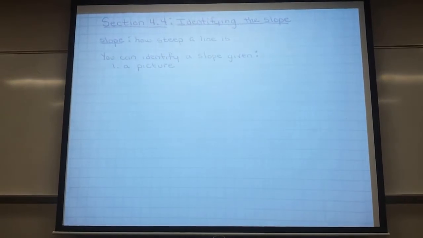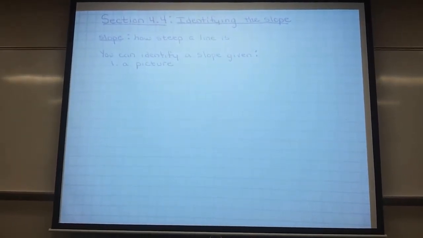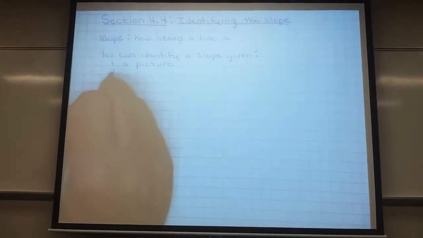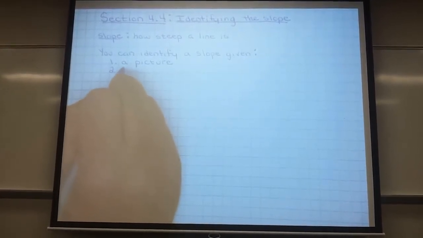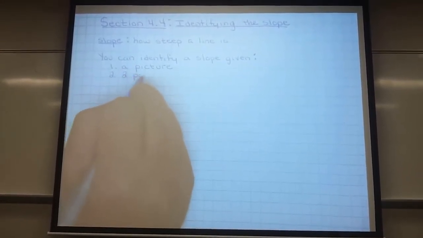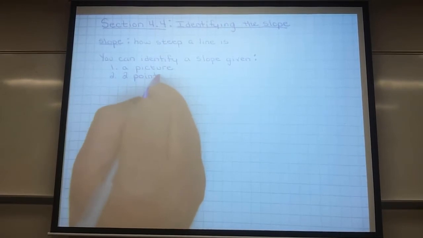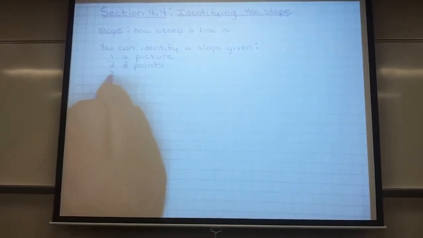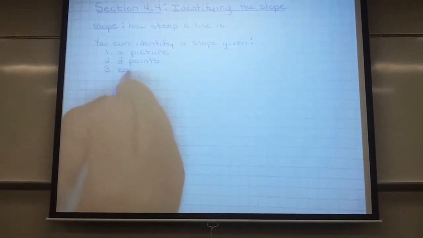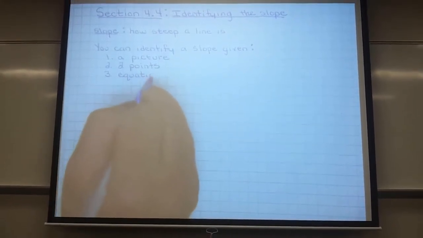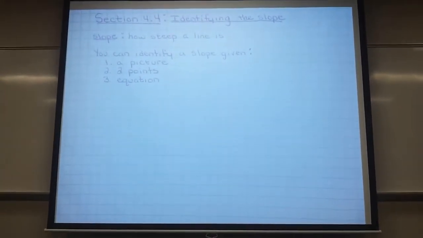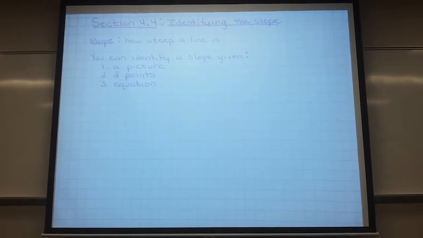You can identify the slope by looking at a picture. Two, given two points. And then three, given an equation. Those are your only three ways you can identify a slope.